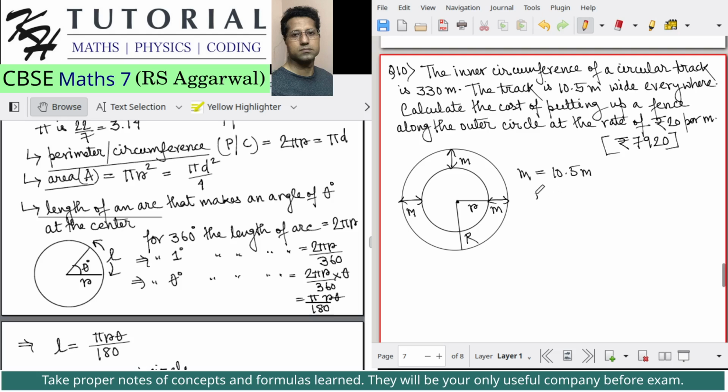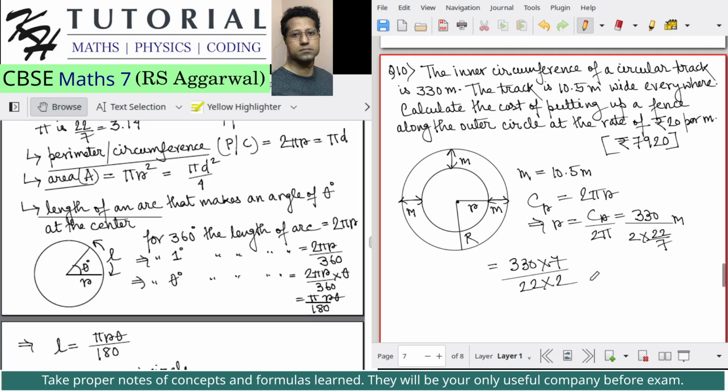So let's say c r small r be the circumference of the inner circle. This is equal to 2 pi small r. So this implies small r is equal to c r by 2 pi. This is equal to 330 divided by 2 multiplied by 22 by 7 meter, which is equal to 330 multiplied by 7 divided by 22 multiplied by 2.